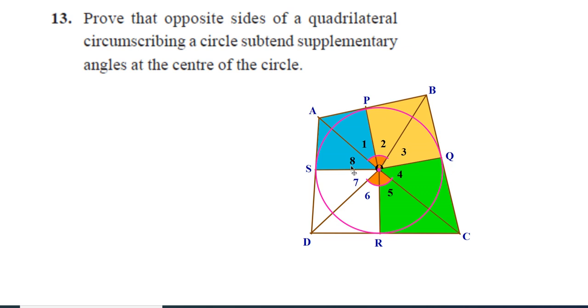It is 360 degrees. But instead of angle 8, you can write angle 1. Instead of 3, you can write 2. Instead of 4, you can write 5. Instead of 6, you can write 7.